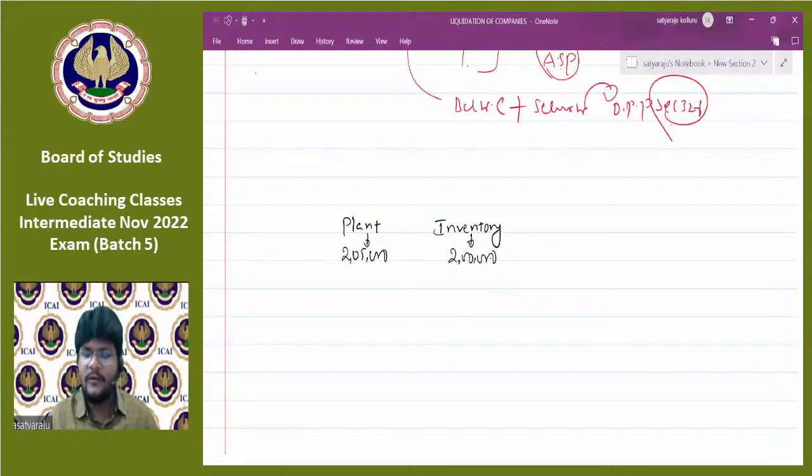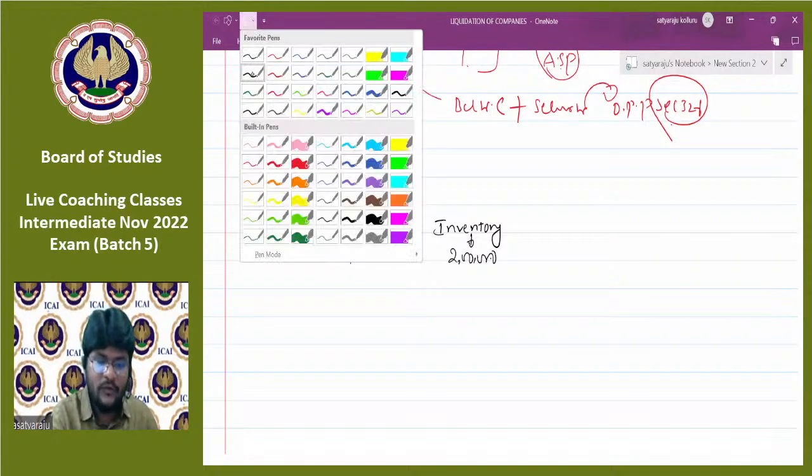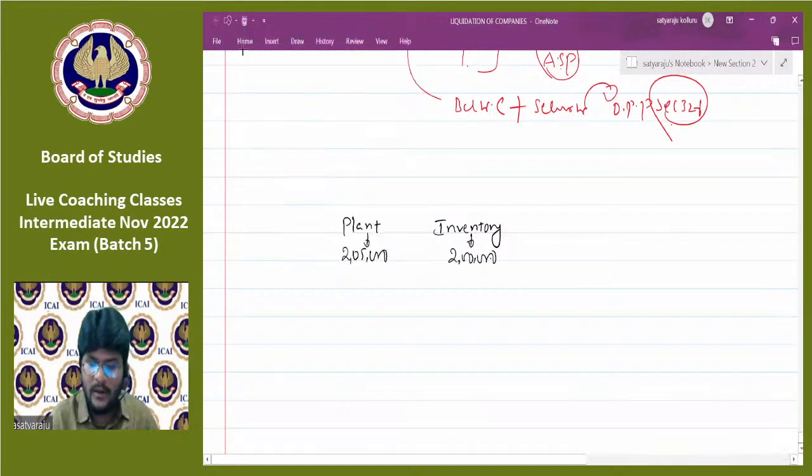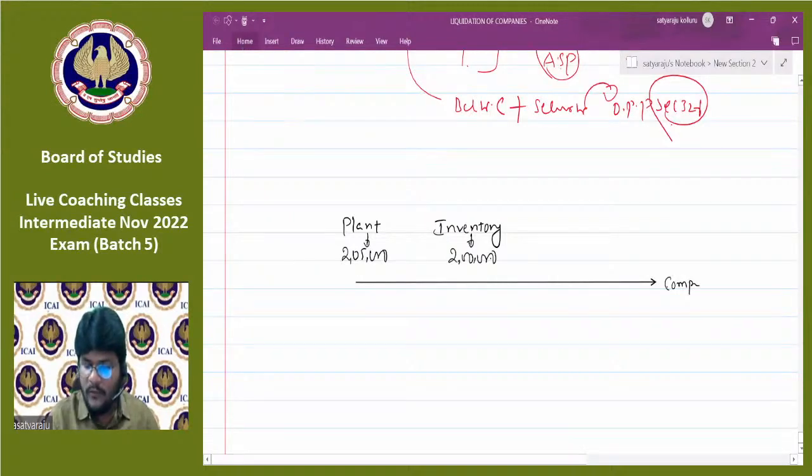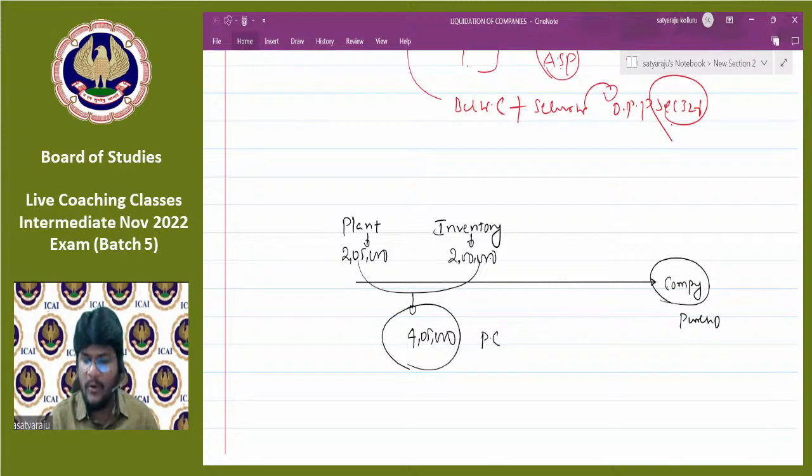Sir, liquidator is going to sell both plant and inventory to an outside company. For liquidator, that company is a purchasing company, no doubt about it. Now, 2,05,000 plus 2 lakhs is nothing but 4,05,000, the total amount of purchase consideration recoverable by the liquidator from the company. The company is a selling company. You can assume it is just selling these assets to the other company.